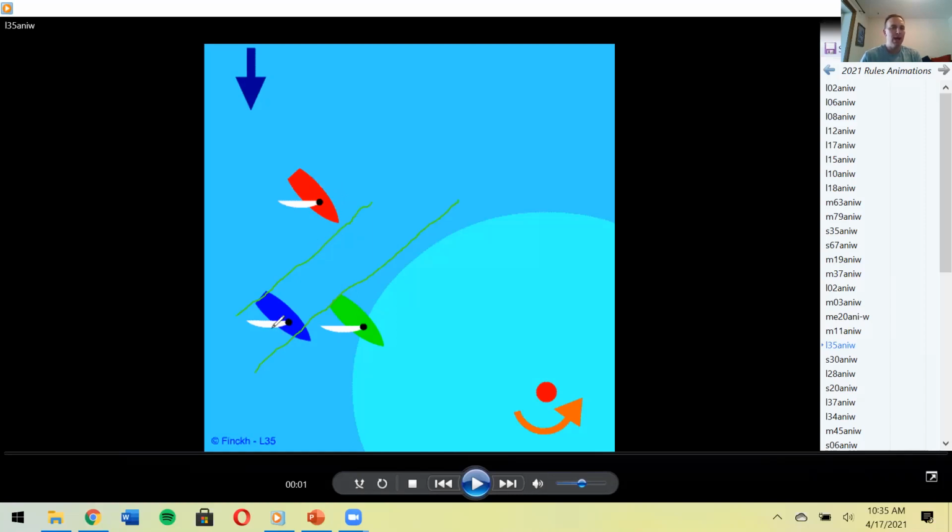But blue hasn't hit the zone yet, so we don't know what's going to happen between blue and red yet. You do know what's going on with green and red. Yeah, green has right of way over red and blue.